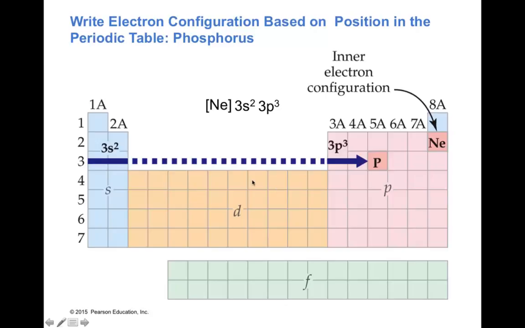Remember that the d is going to have the period minus 1 as the principal number. So this is going to be 4s, 3d, and 4p. The s is going to be the same as the period. So it's going to be 4s, 3d for all of this, and this one is going to be 4p, the same one here. Then 5s, these are going to be 4d, all of this, and this 5p.